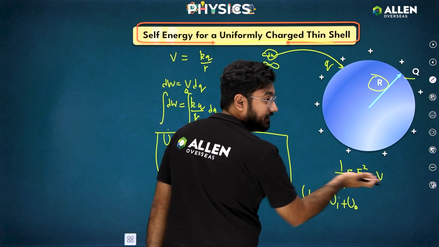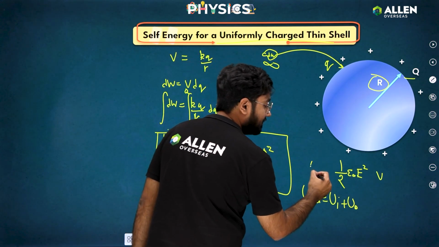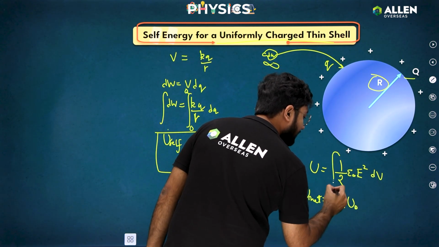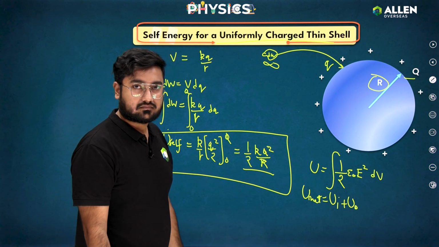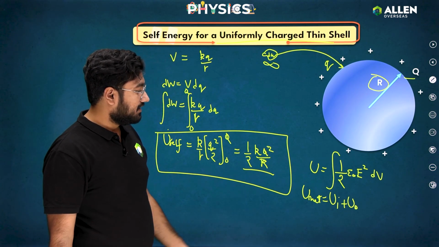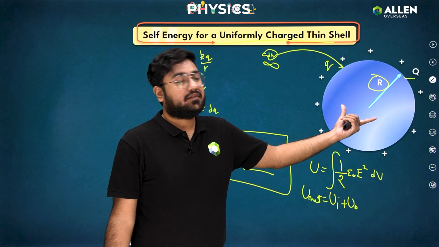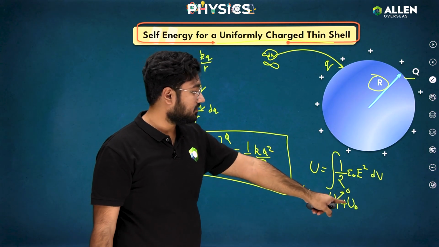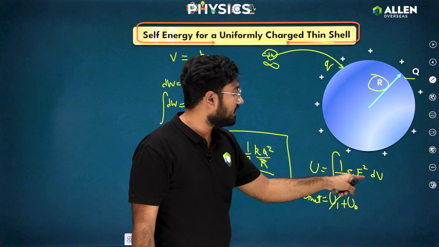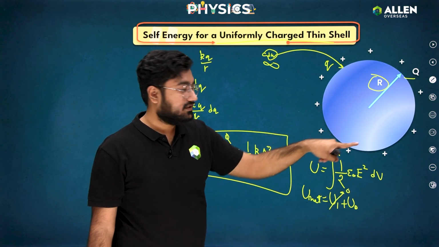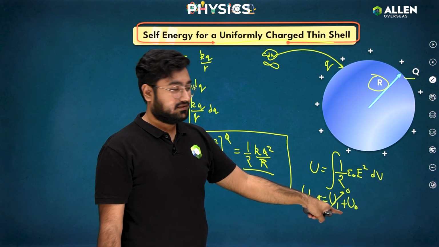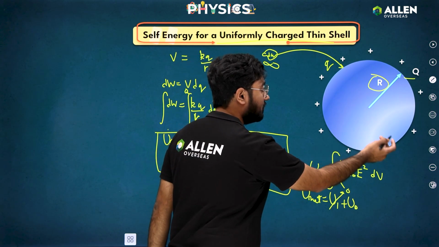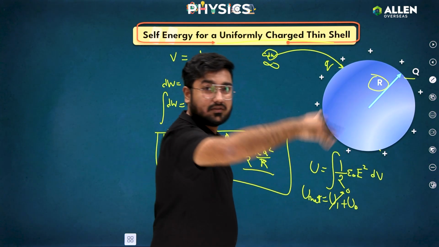Now if this thing is a variable, then of course you have to evaluate the integral to solve this thing. So inside, of course, the electric field is 0, so this thing will be 0 for this case only. You can evaluate U outside, substitute the value of electric field outside, calculate U outside, and evaluate this integral, and this integral is going to go from this point R to infinity.